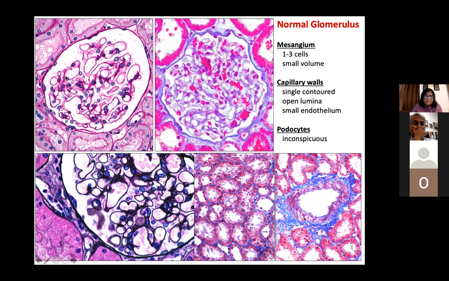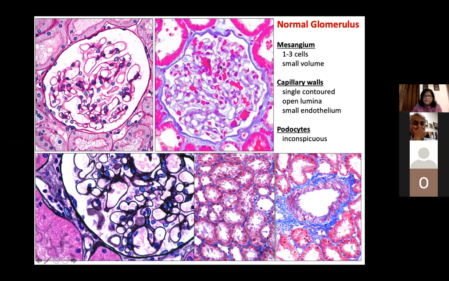So on the inner side, these cells are endothelial cells. Now, this is something normal. And on the outer side, as you see on the outer aspect, these very small cells are podocytes. We'll see situations where these cells become more prominent, and that is the pathological situation. Normally, a podocyte would be something like this, very innocuous, small, sitting on the outer side.